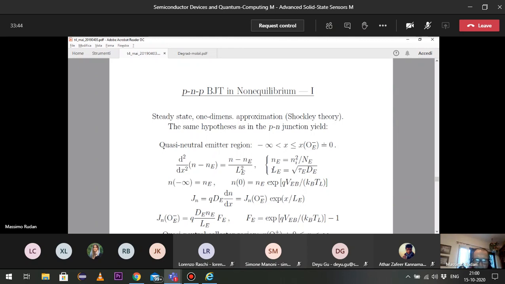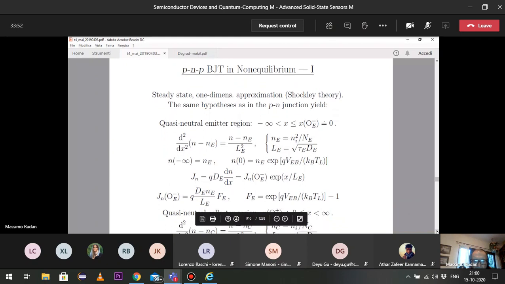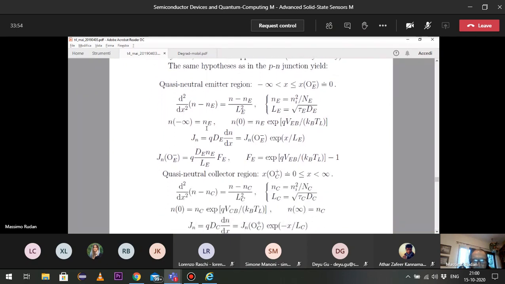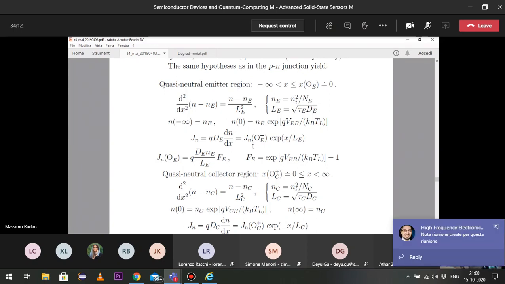Then we proceed by calculating the current. The current is purely diffusive, so it can be written as q D_E, where D_E is the diffusion coefficient of the electrons, times the derivative dn over dx. And as we did in the case of the PN junction, we extract the coefficient J_n of 0 minus, and this coefficient is written below.